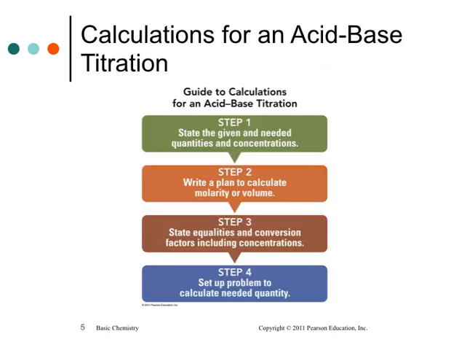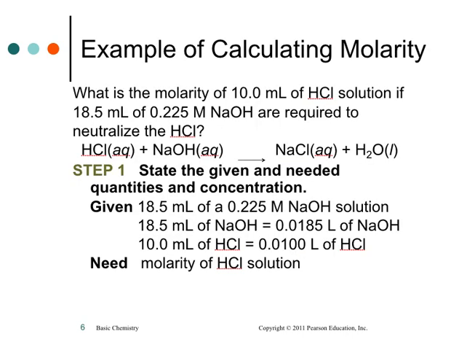So you're going to state the given and needed quantities, then write a plan down based on the balanced equation, and then put in what you know and find out what you need to know. Here's an example. What's the molarity of 10 mL of a hydrochloric acid solution if 18.5 mL of 0.225 molar sodium hydroxide are required to neutralize it?